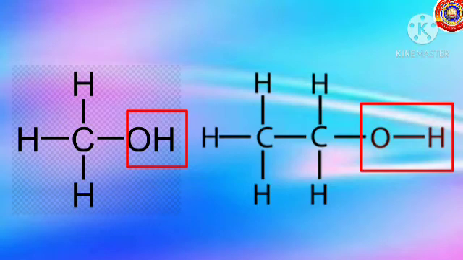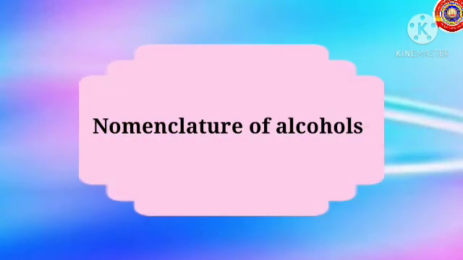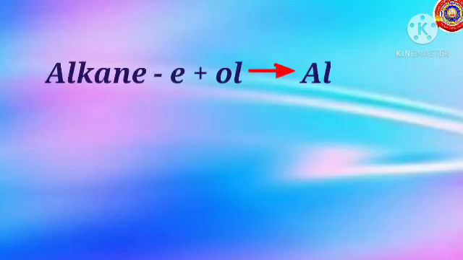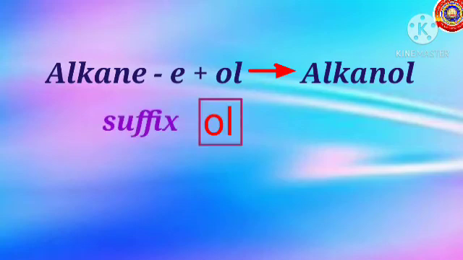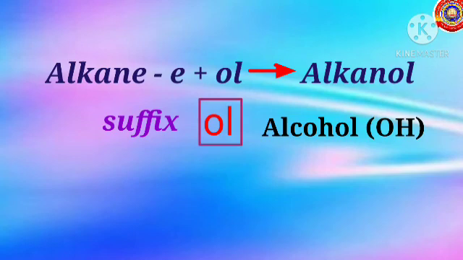The presence of OH group in the carbon chain is the reason for the important properties exhibited by these compounds. Dear children, the naming of alcohols is done by replacing E from the name of the corresponding alkane with the suffix OL. So remember, the suffix OL is used to represent the functional group OH.